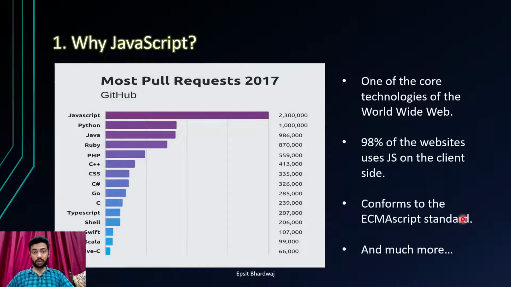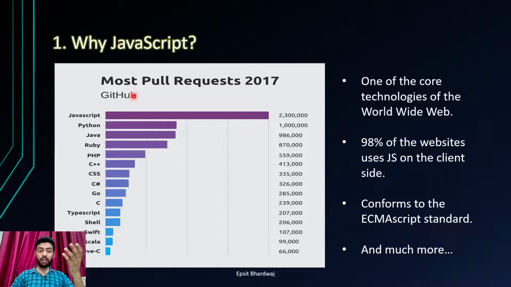Coming to our first topic, why JavaScript? Let's check out some stats. You don't basically need to remember any of this, but it's just to know why do we need JavaScript. So these stats say that on GitHub, which is nothing but an online code repository website where we can keep our codes. It's an open source platform. You must sure check it out, as while dealing with JavaScript we will obviously need GitHub.